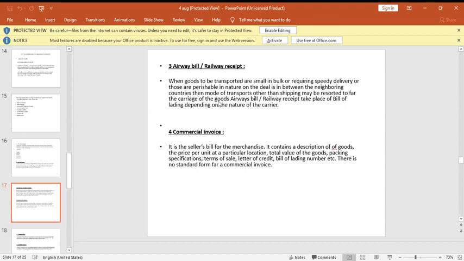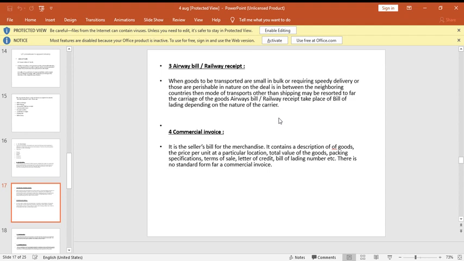Airway bill and railway receipt take the place of bill of lading depending on the nature of the carrier. When the goods are transferred by aeroplane or railways, the airways or railways will give the receipt.